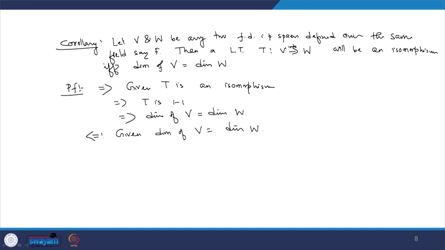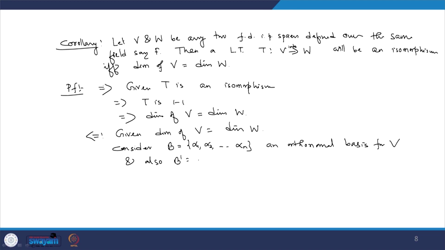Then only I can say that the linear transformation is an isomorphism from V onto W. So, what I will do, consider B equal to alpha 1, alpha 2, up to alpha n, an orthonormal basis for V, and also B prime equal to beta 1, beta 2, up to beta n, an orthonormal basis for W. And this is possible because both of them have the same dimension and are finite. So, using the Gram-Schmidt orthonormalization procedure, one can have corresponding orthonormal bases.